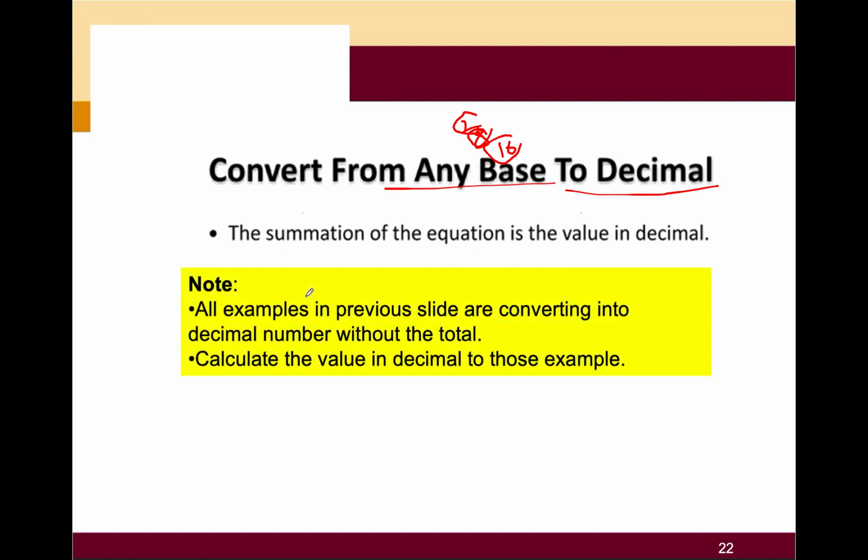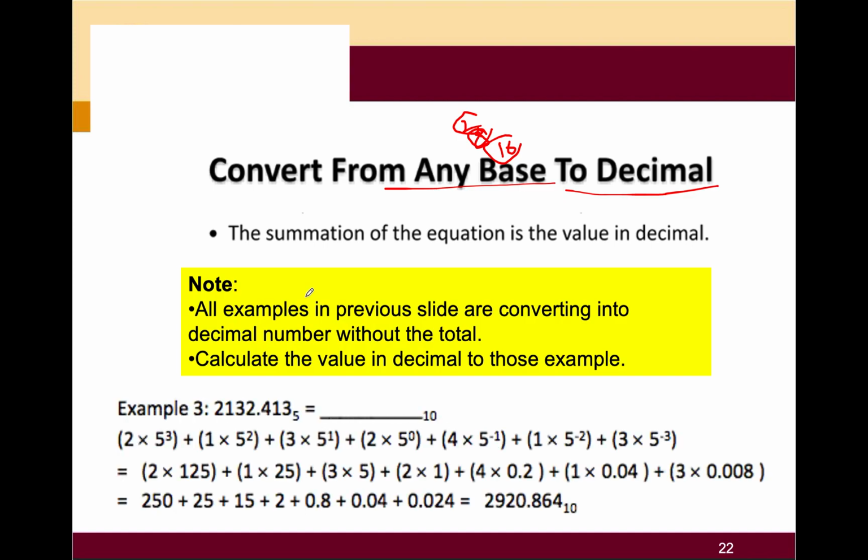You can see over here there is a note that all examples in the previous slide are converted into decimal numbers without a total, so you can calculate it by yourself and then calculate the decimal value of those examples. And over here there is also an example. Let's say you have base 5, how are you going to convert it to decimals?